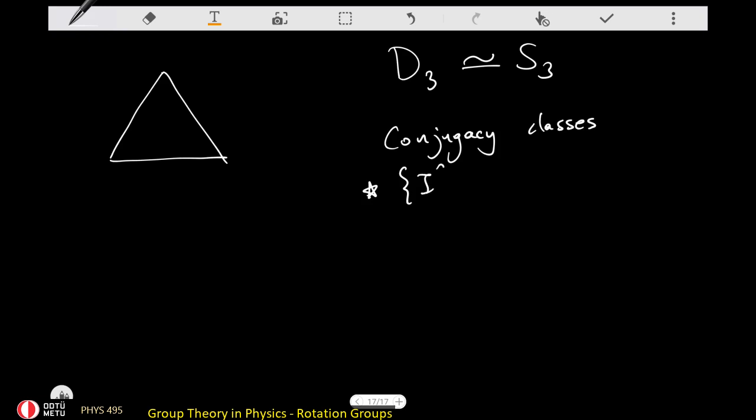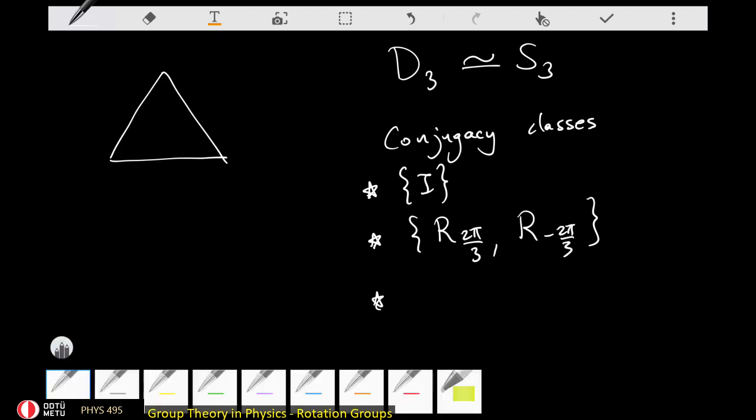One of them is the identity, so that's conjugate to itself only. Then there are these 2 other rotations by 120 degrees and minus 120 degrees. These are conjugate to each other because the magnitude of the rotation angle is the same. This is only in dihedral groups, by the way, so that rule is only for dihedral groups. These basically exhaust all the rotations, and then we have the reflections.